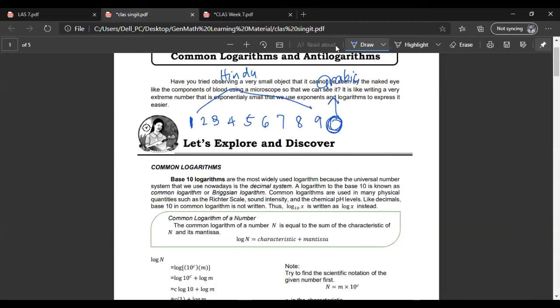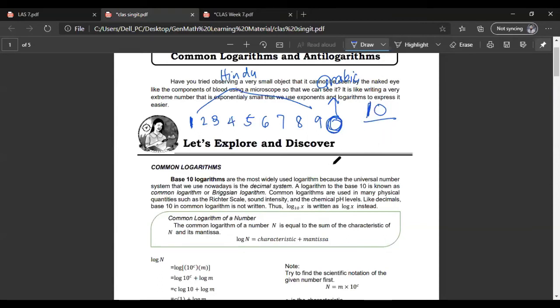Pag nagbilang kayo ng 9, ano sunod sa 9? Hala, 10. Ayan, sir. 10. Parang nag-isip talaga kayo ganun. 10. Okay, ngayon class, tanong ko kayo, ano yung mga numbers na binubuo ng 10? O anong digits meron sa 10? Sige, 1 and 0, sir. 1 and 0.